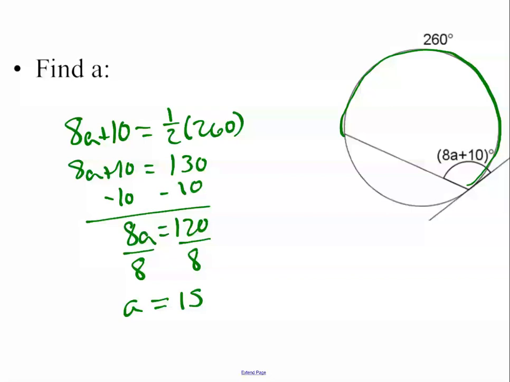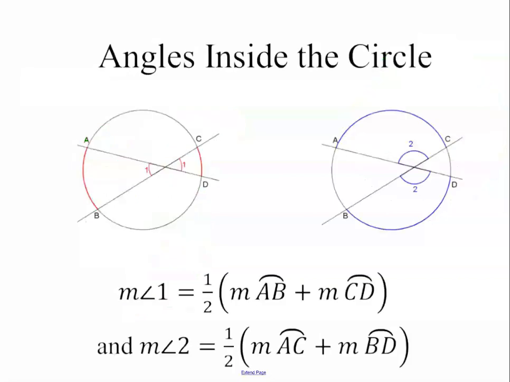All right, so the next one, we just got done looking at when the vertex of the angle is on the circle. Next, we're going to look at what happens when the vertex of the angle is inside the circle.